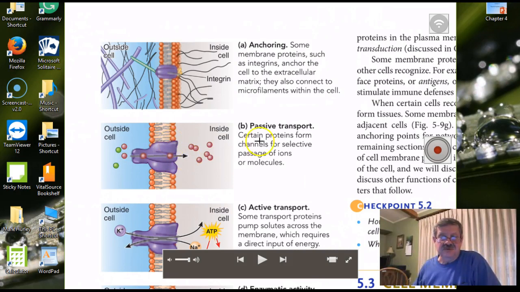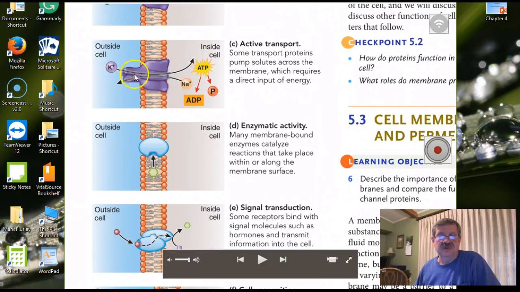Then we also looked at, go down here. Okay, so we looked right here at the idea that there are proteins involved in active transport, where the cell uses energy to move materials across the membrane. There are proteins that are involved in enzymatic reactions, that is, reactions that are sped up by the enzymes.